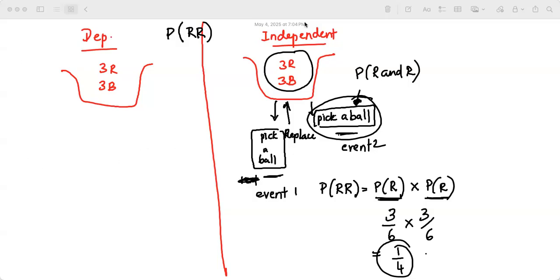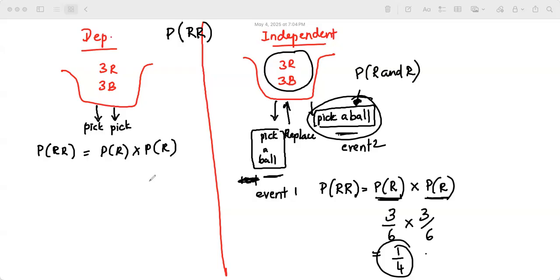Now, coming to dependent events, I'm going to do the same: pick, no replace, pick. So what do you think is the probability of a red and a red? Can I say probability of red and probability of red?